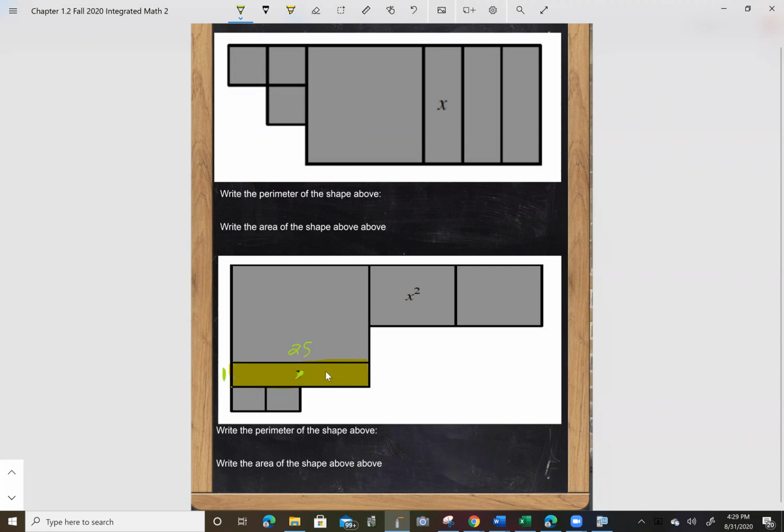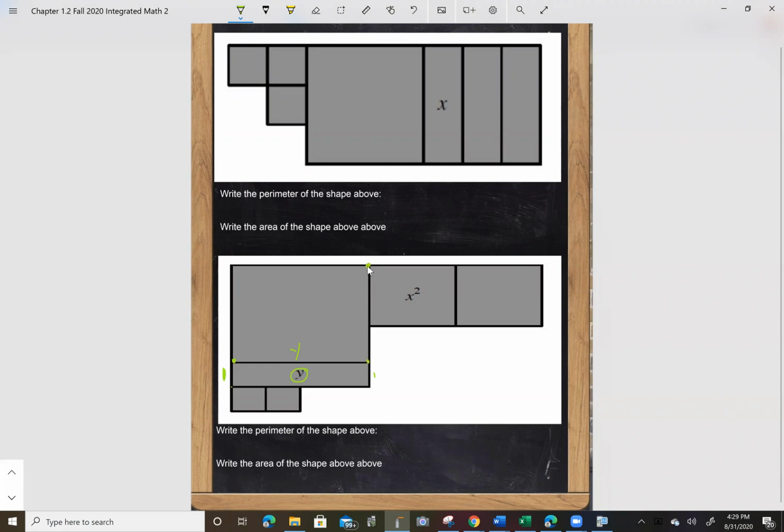Then the area would be 25 because it would be 1 times 25. But it's y, which means that this side of this rectangle must be y, and y times 1 is y. So the area is y, and we know the length from here to here is y.